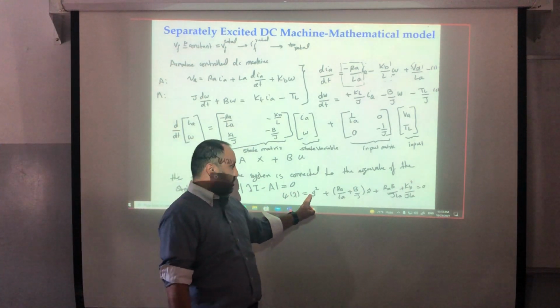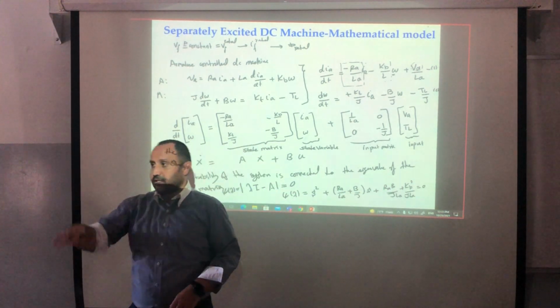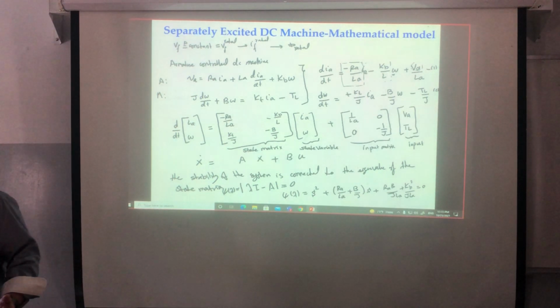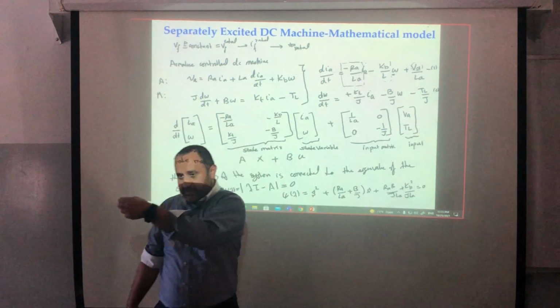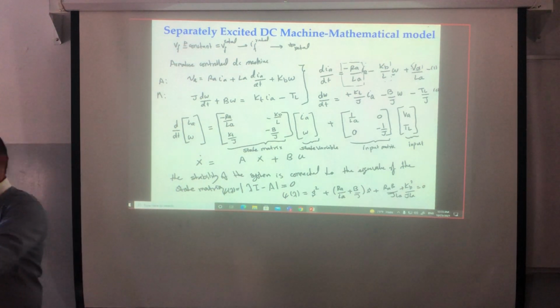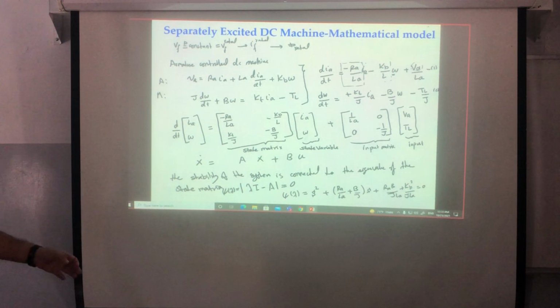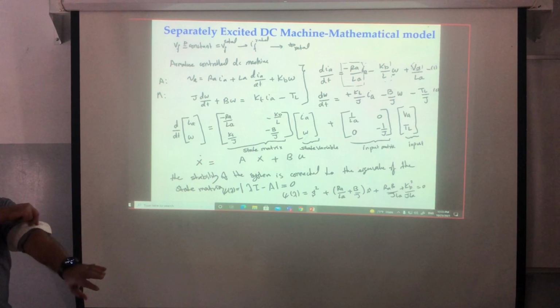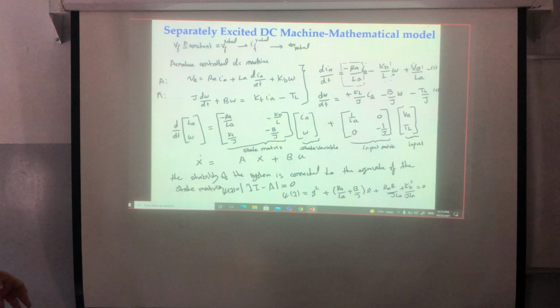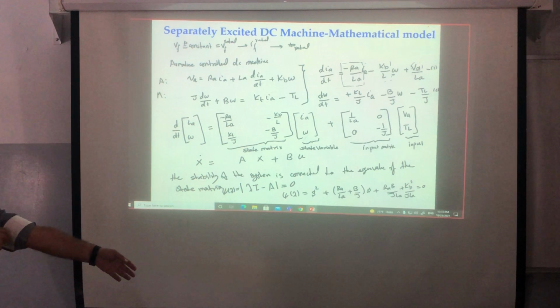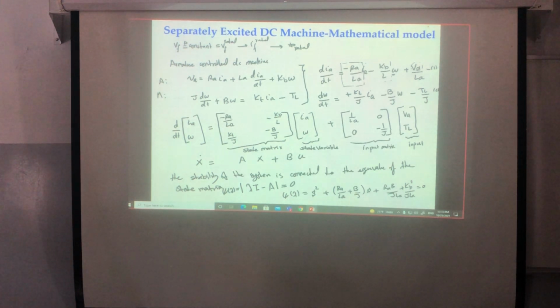Simply positive, stable. If this one was negative, this must be negative too. All the coefficients must have the same sign, and this is only for the second order system. From where? From EE440, the control system course, from Routh, Chapter 6.